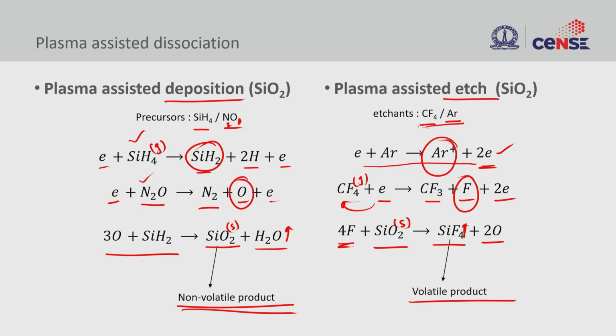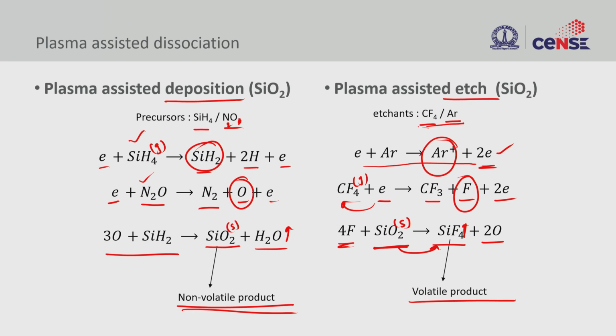But you have removed a solid. So you have converted a solid to a gas, and this is what makes this plasma etch a solid material. So the reaction chemistries are very different, but we are using plasma in both cases.